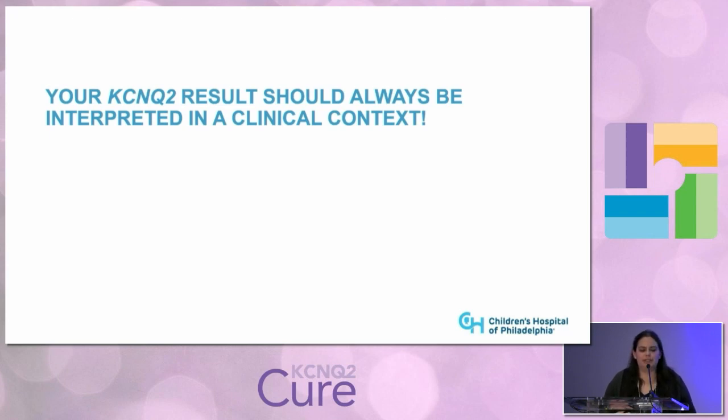So we always have to think about the genetic testing lab's assessment of a variant and then your clinical team's assessment of a variant, and then those come together to best understand the role of this variant in your child's condition. And then this information can be used to say, this is definitely the diagnosis, or maybe there are some features that require additional testing.